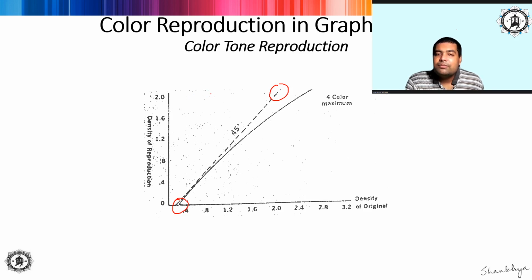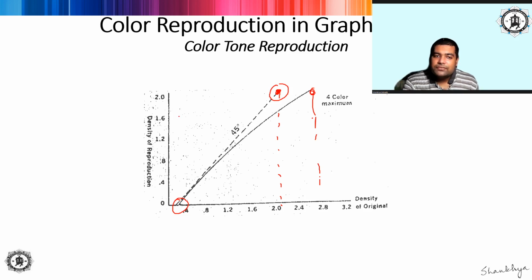Your maximum achievable density in the original is more than 2.5, as you can see over at this point, but you are limited to a value of 2 in your reproduction. So what you can do is compress the data, or compress the tones in certain areas of your reproduction, so that the curve that you get ensures that the overall density or the contrast increases.